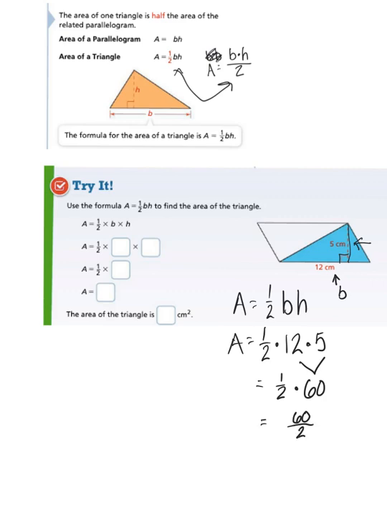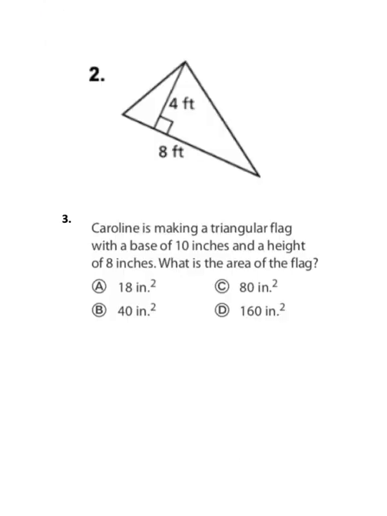And I know 60 divided by 2 is 30. The area of this triangle is 30 centimeters squared. Remember, you have to find what unit you're dealing with and write it squared for area. Okay, 30 centimeters squared. Let's try another one.